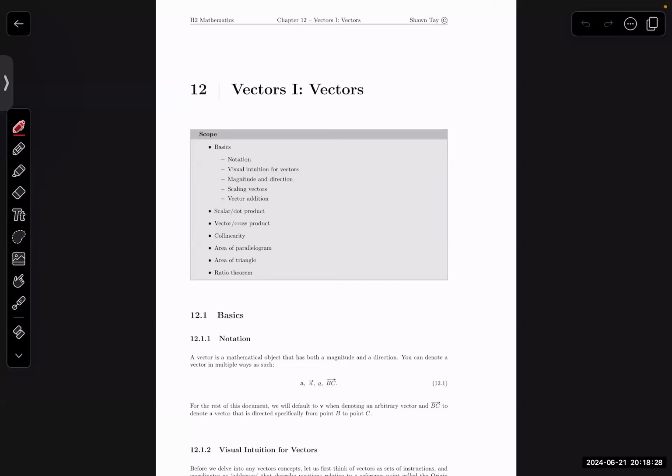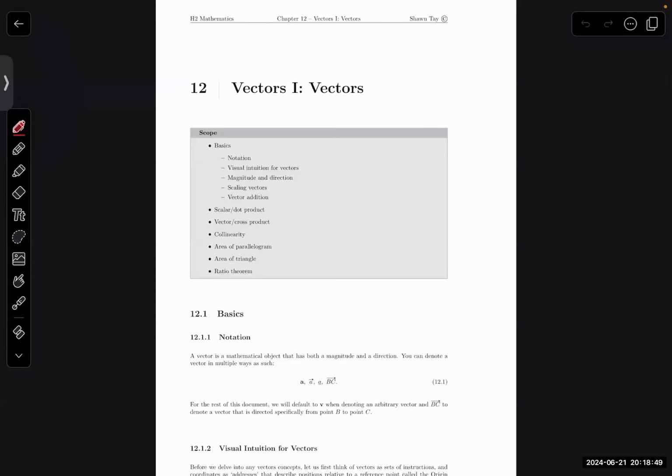Because after all, lines and planes are really just kind of like case studies or examples, if you want to put it that way. Those shouldn't be the main bulk of your revision lah. Okay, so let's start off with vectors.